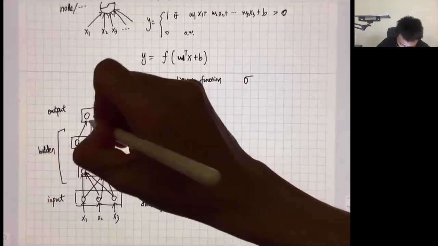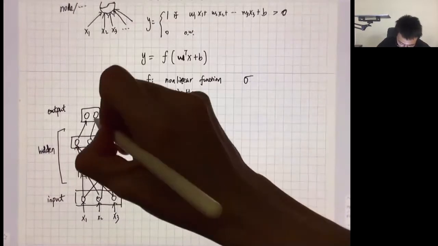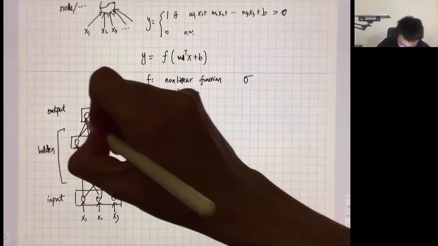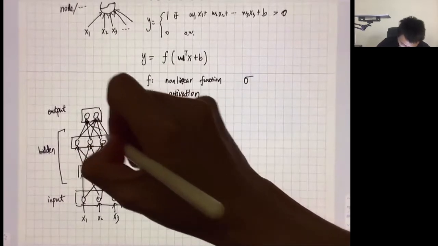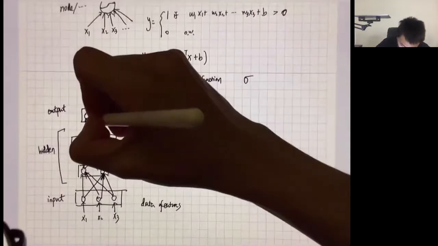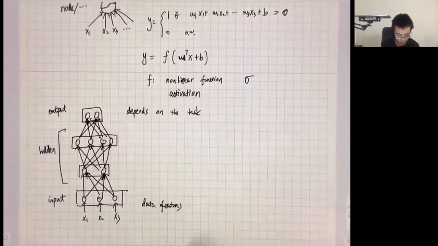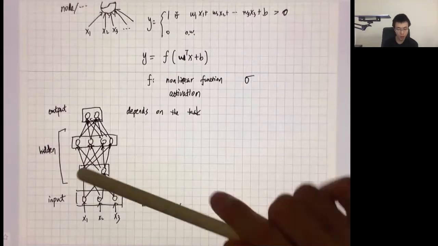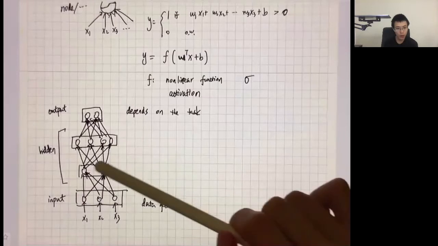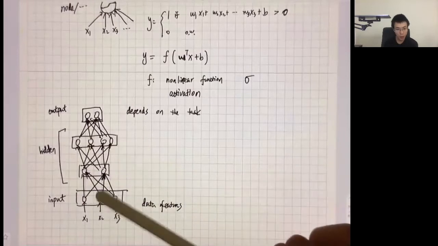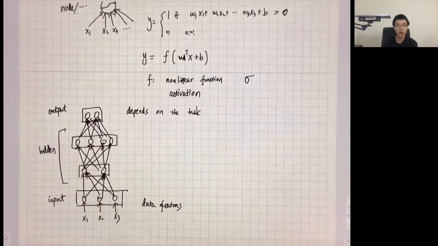And by the way, when we count the number of layers of a neural network, usually the input layer doesn't count. So this is a 3-layer neural network because you have 3 layers of parameters, okay? The input layer is just the features, it doesn't count.